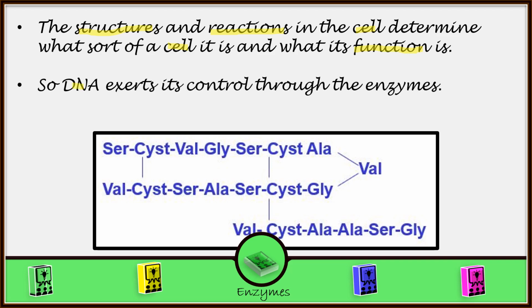So DNA exerts its control through the enzymes, because the enzymes control the reactions taking place in the cells, and it is these reactions that determine the type and the function of the cell.